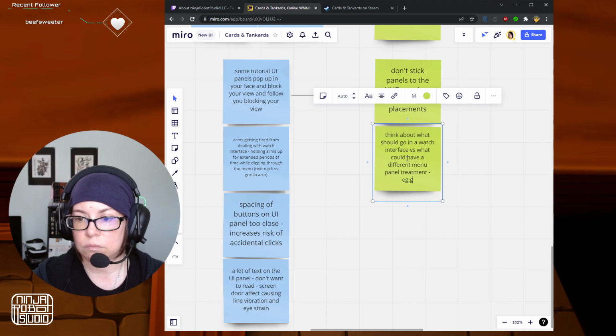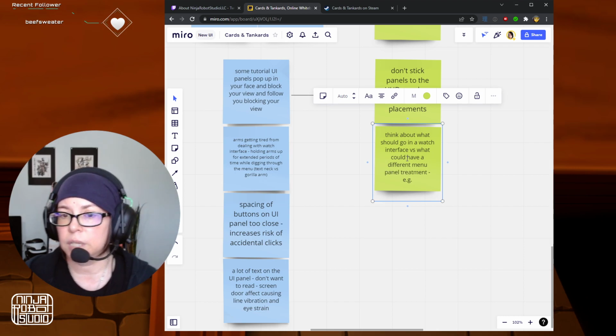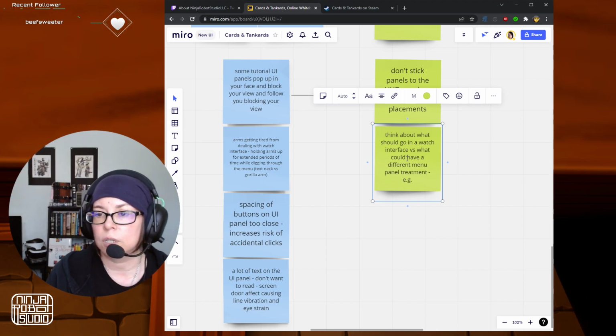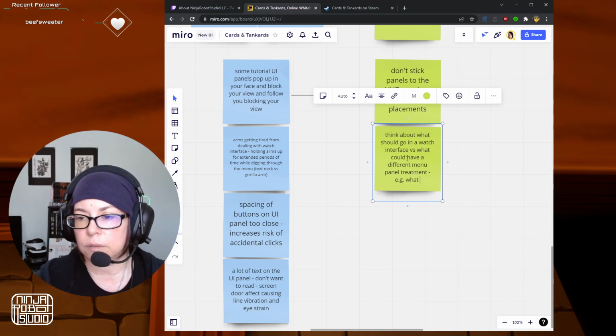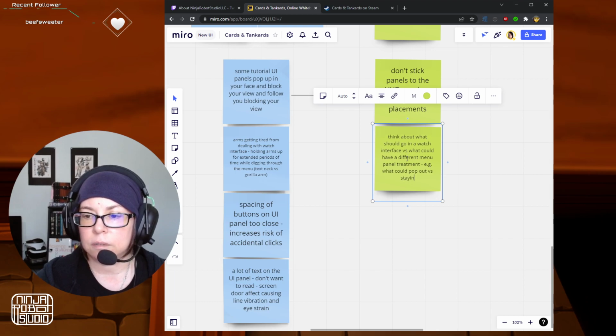For example, it could all still be accessed from that watch menu, sure, but then what should pop out, what shouldn't pop out? What could pop out versus staying attached?